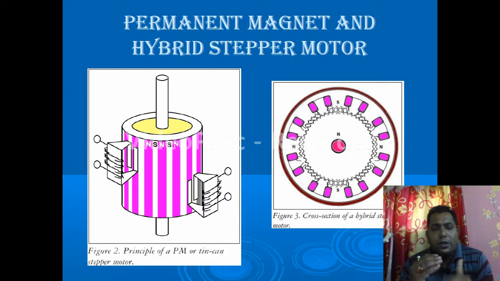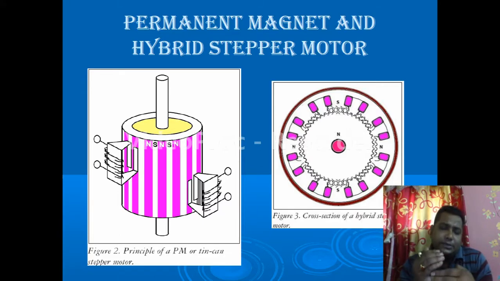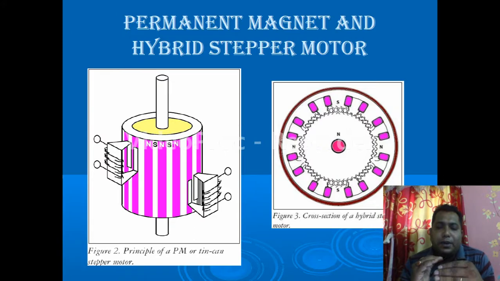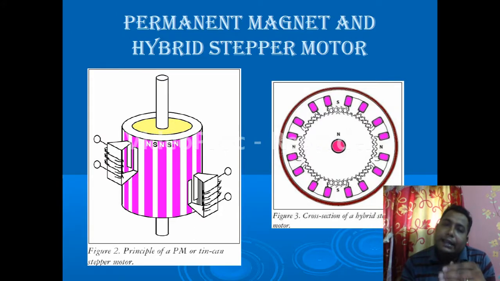The location of these two, stator and rotor, is like this, for understanding. So this is the stator slot and the rotor slot. Now when we are giving supply to this stator section, the electromagnetic section, what will happen? When we are giving supply, at that time it will become a magnet.